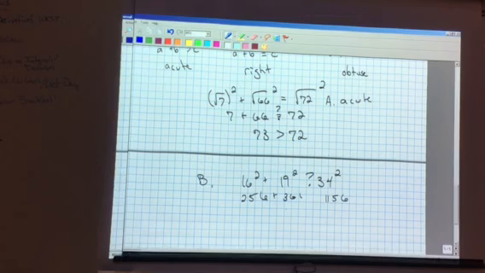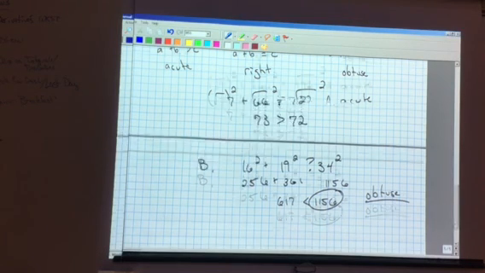And you can see that 256 plus 361 is going to be smaller than the 1156. So my c squared is bigger. That means that my hypotenuse grew, so it's obtuse for answer B.